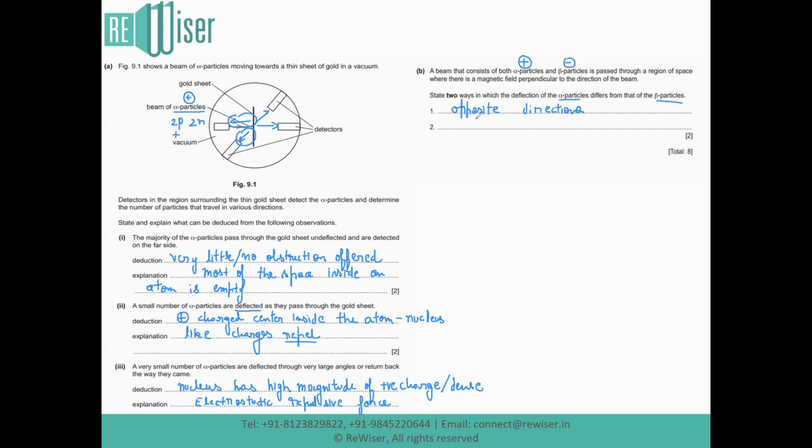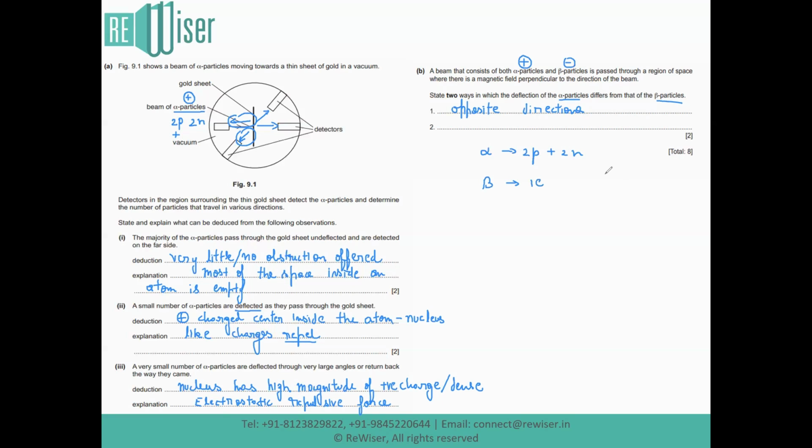Second one, the composition of alpha particles is 2 protons and 2 neutrons, while that of a beta particle is just 1 electron.